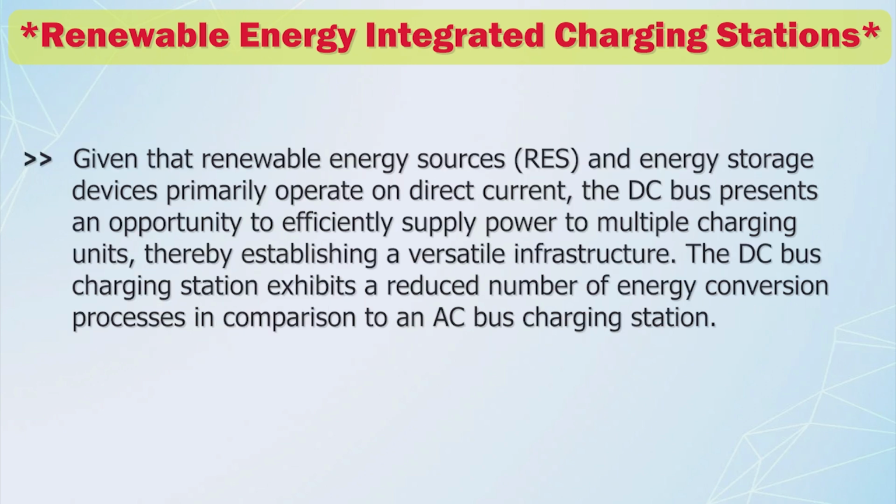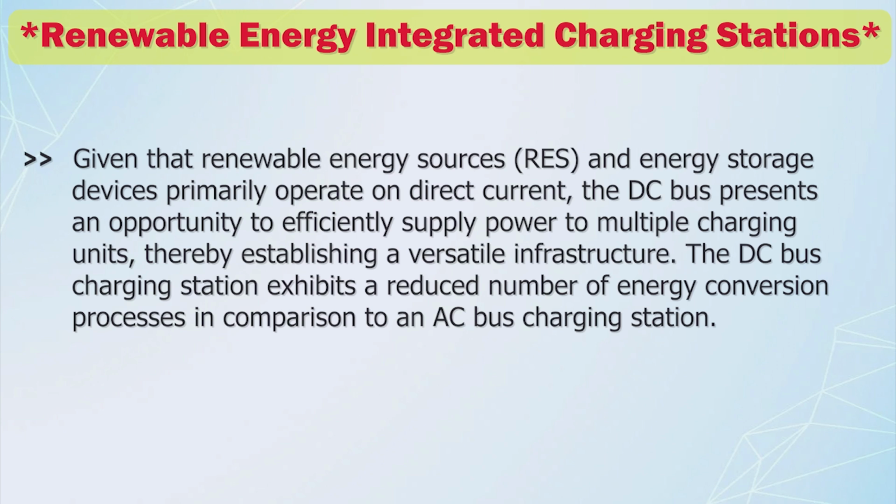It also illustrates the grid connected AC and DC bus charging infrastructure for EV charging, which serves as an alternative design for recharging EVs while possessing the capability to generate substantial power.